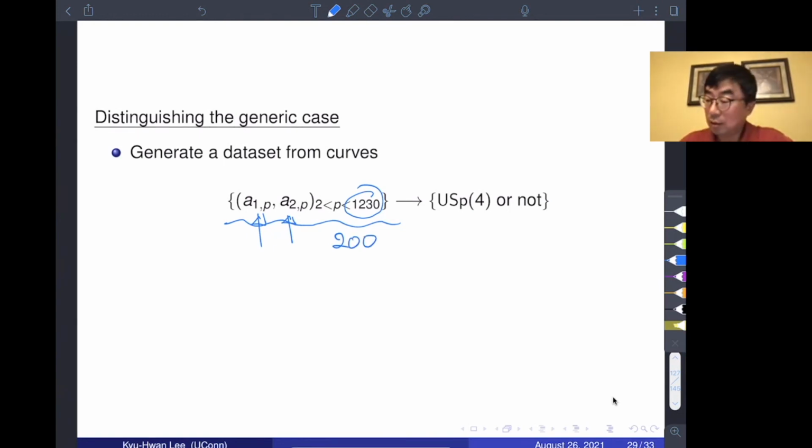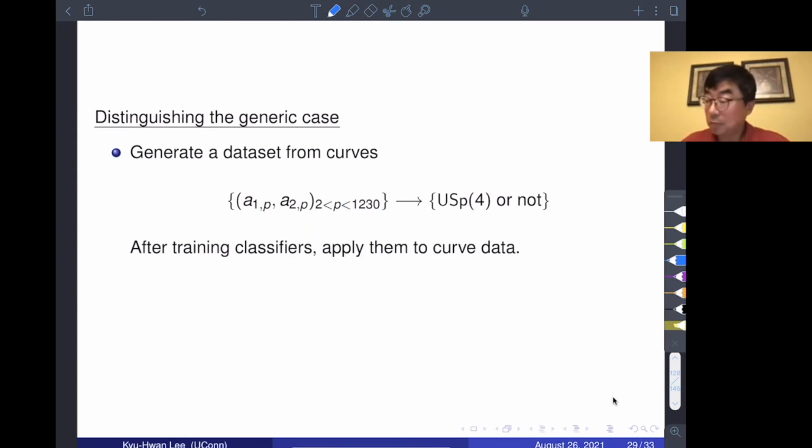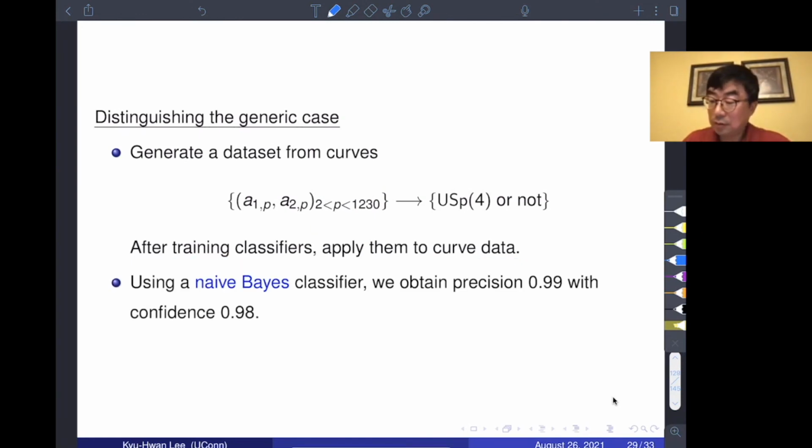And then we want to see if the machine can tell if the curve belongs to the generic case or not. For this, we have enough number of data points. So we could use the curve data, then train a classifier. And interestingly, a naive Bayes classifier showed a very high precision, 0.99. It was surprising.